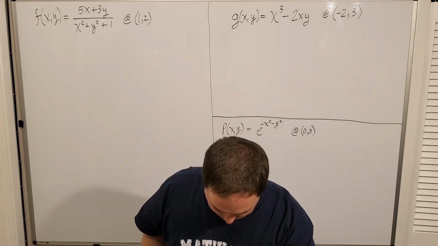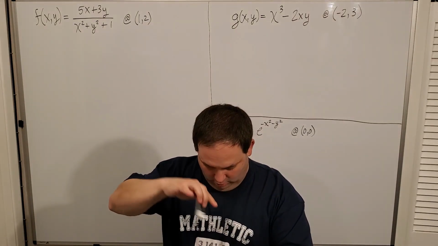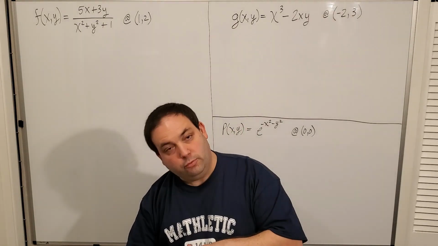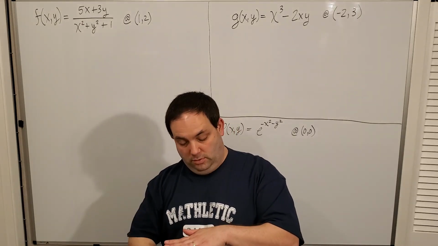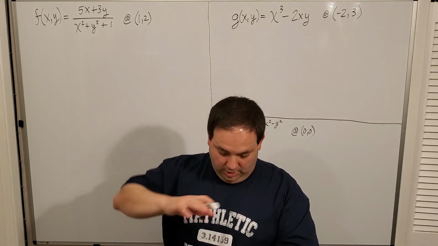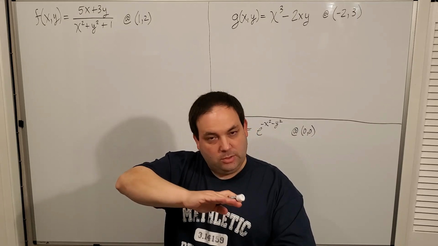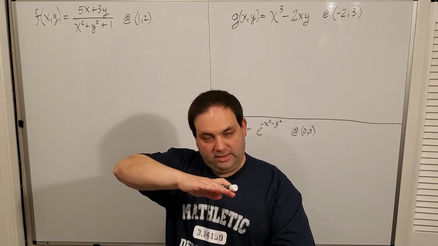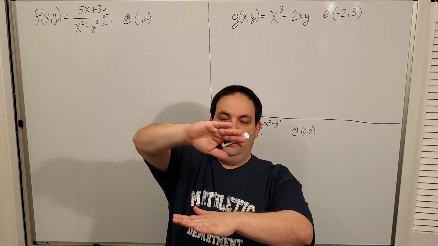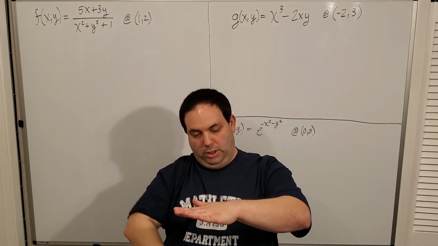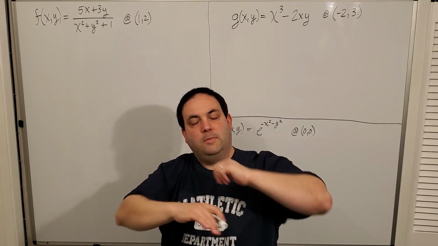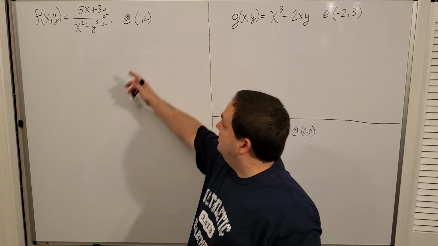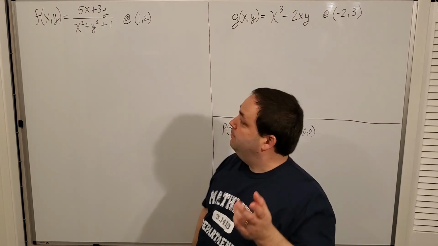If I'm looking down at my surface over that point, or under, depending on where your surface is, I'm going to be looking for the tangent plane corresponding to the output that point gives. So it's going to be something either above or below the xy plane. But this is the domain point.